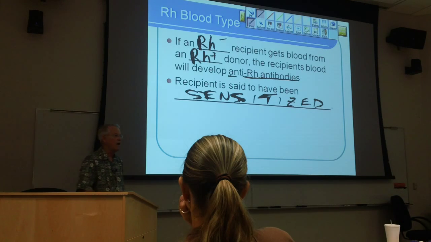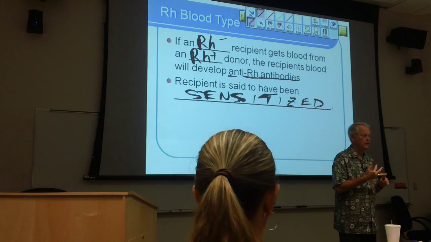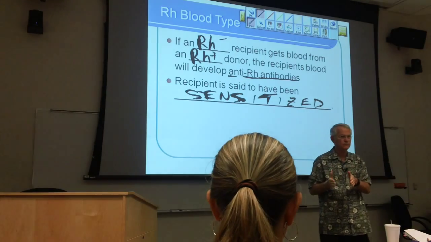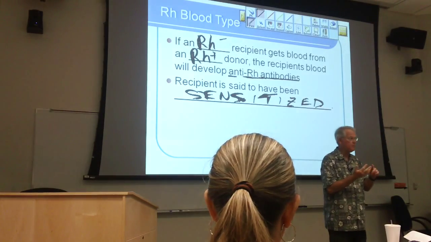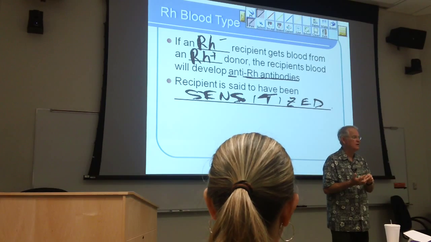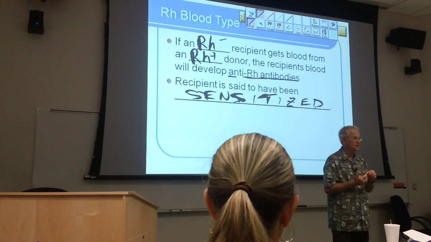So you understand now that for transfusions, the only thing that doesn't work with RH is positive being donated to negative. Which means, of course, you can donate positive to positive, you can donate negative to negative, and what else can you do? Negative to positive.